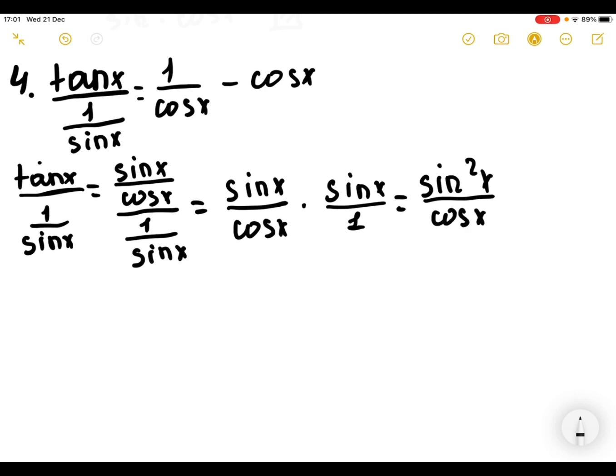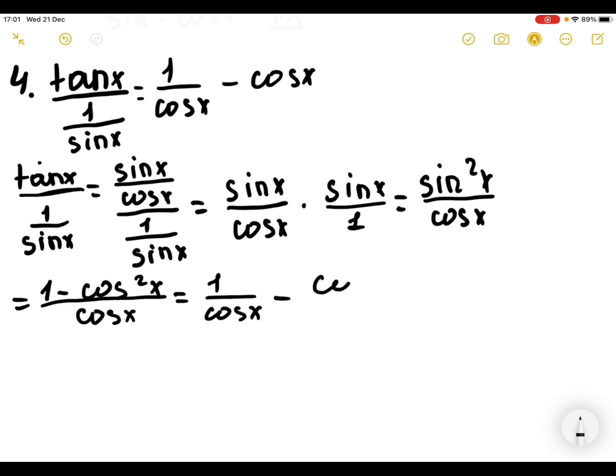Here sine squared x you can write as 1 minus cosine squared x. So 1 minus cosine squared x divided by cosine x. And separate the fractions: 1 divided by cosine x minus cosine squared x divided by cosine x.